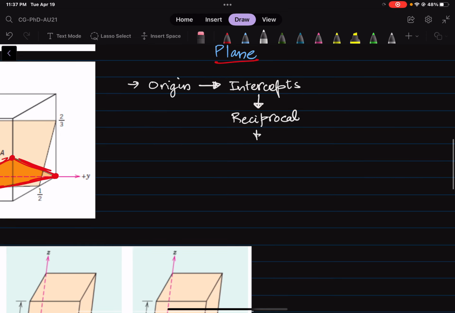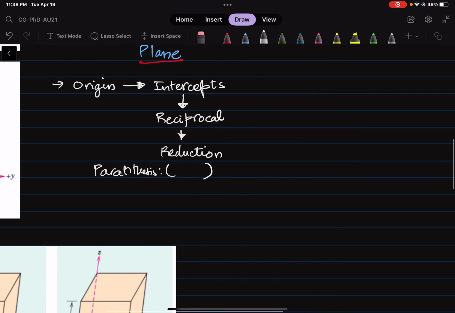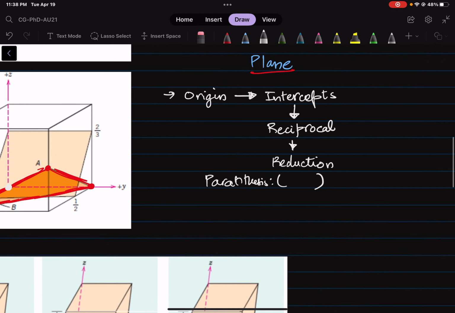Once you do the reciprocal, the next step is sort of reduction to the integers, and then writing it in parentheses. Again, P for plane, P for parentheses, right? No commas. So let's look at plane B for example.